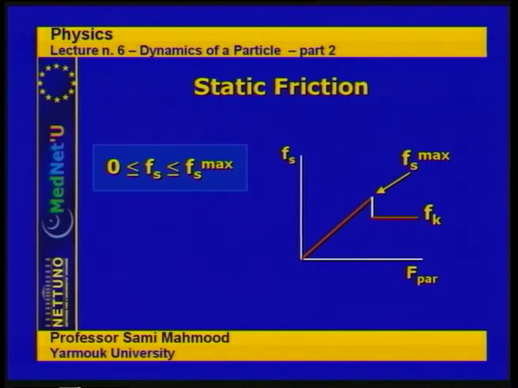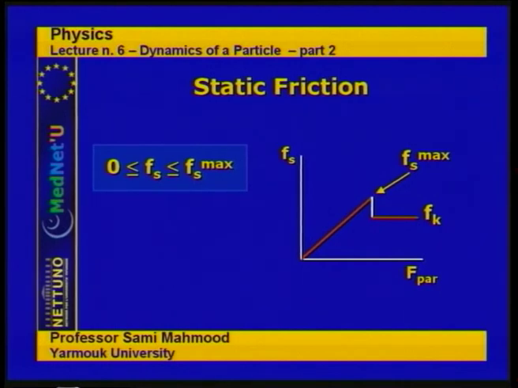At this point, after the applied parallel force reaches the value of the maximum static force, the object slides, and there we experience a dramatic, sudden drop in the frictional force as the object starts moving or sliding across the surface. The frictional force acting on it at this point is the kinetic friction, which is lower in value than the maximum static frictional force.